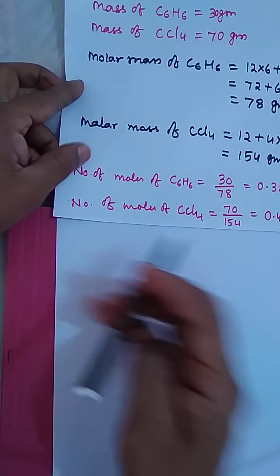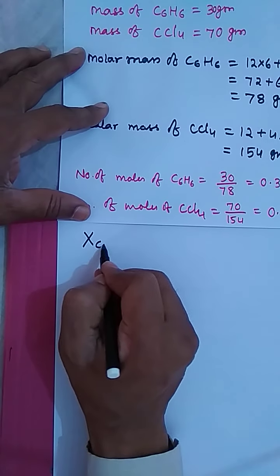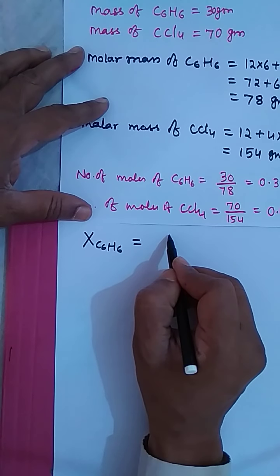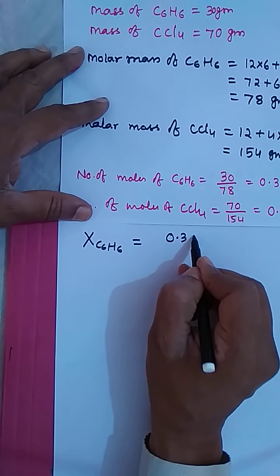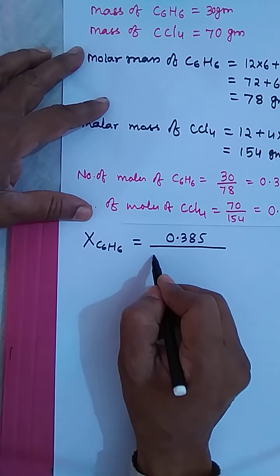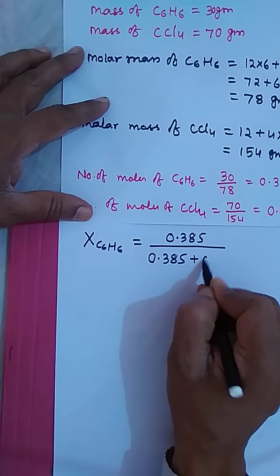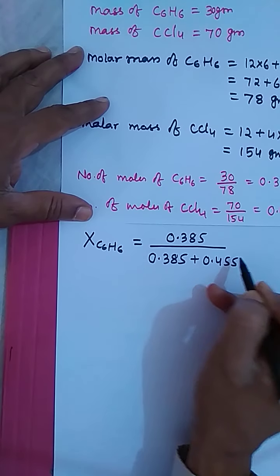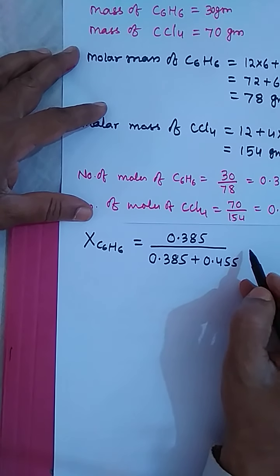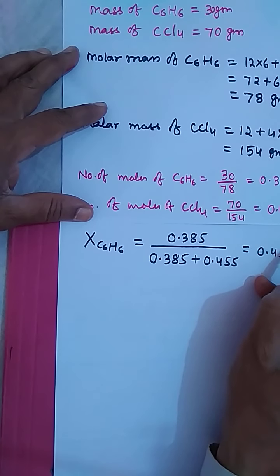Now we calculate the mole fraction. So we can write here X of C6H6, the mole fraction of benzene. This is 0.385, number of moles of benzene, upon the total number of moles of all components, 0.385 plus 0.455. After calculating it, it will come 0.458.